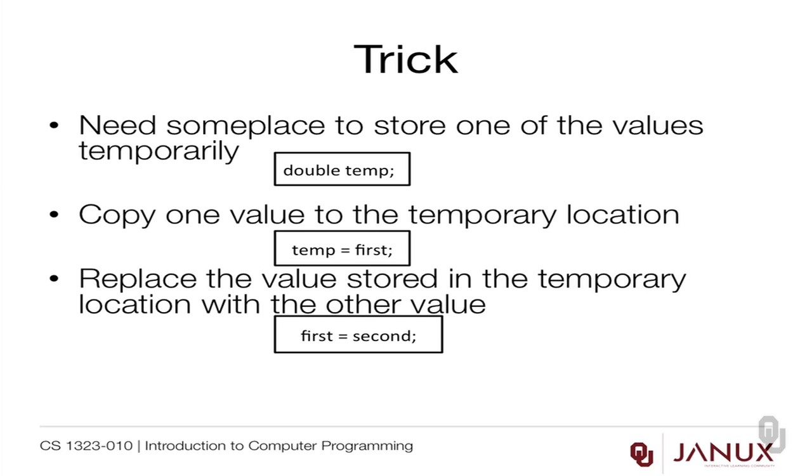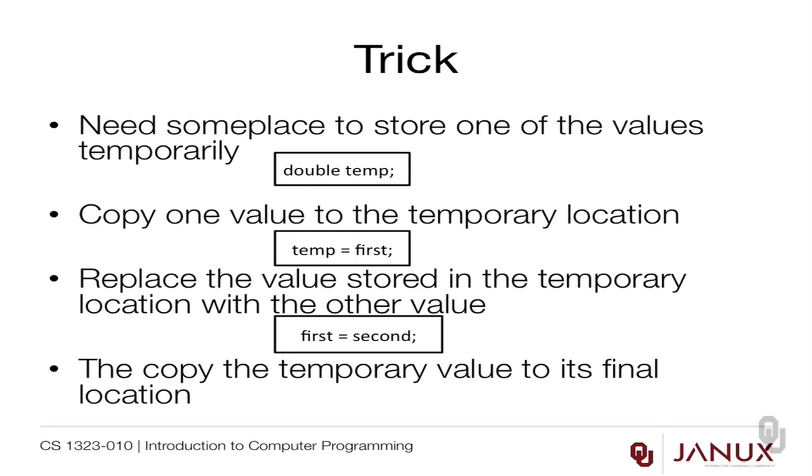So we could say, for example, first equals second. This takes the value in second and overwrites the value in first. Now the reason we don't have the problem that we had previously is because we've saved the value in first to temp, so we still have it. Then what we do is copy the temporary value to its final location. So second equals temp. So now we get second from the location temp.